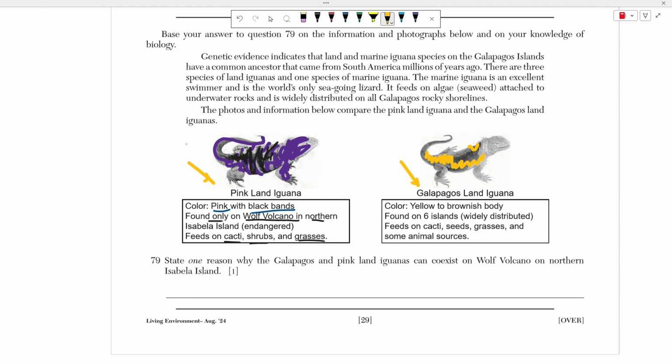Why do bumblebees and wasps live in the same area? Well, that's just because they have different niches, right? Bumblebees go from flower to flower and pollinate, and wasps are more carnivorous and they feed on garden pests, or they feed on aphids, or other insects in the garden.